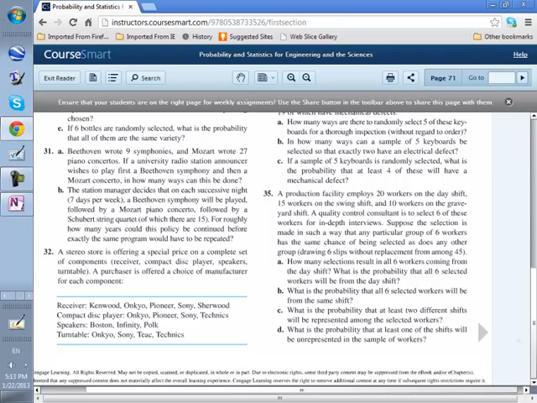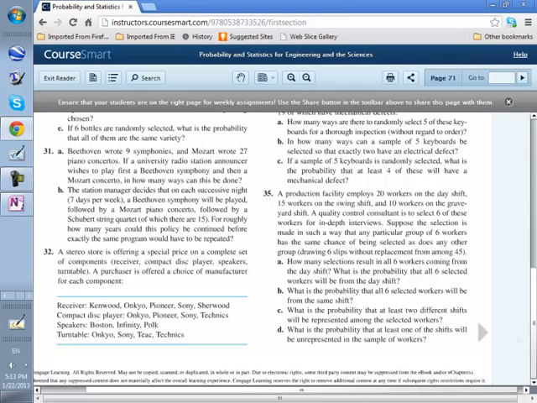Let's read question A. The production facility has 20 workers in the day shift, 15 in the swing shift, and 10 workers in the graveyard shift. And they have a quality control consultant who's going to select 6 workers for an in-depth interview.